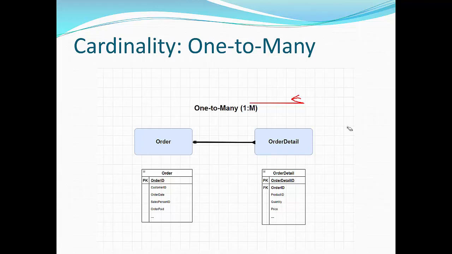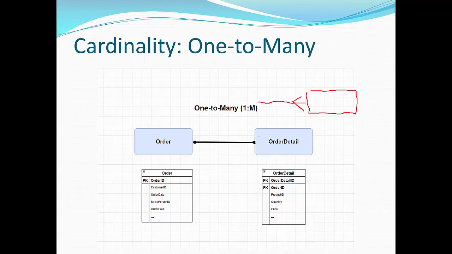So what I'm talking about is on the order detail side, this is what you have, something like this. That's what connects to the order detail table. Now this goes and connects to the one side.